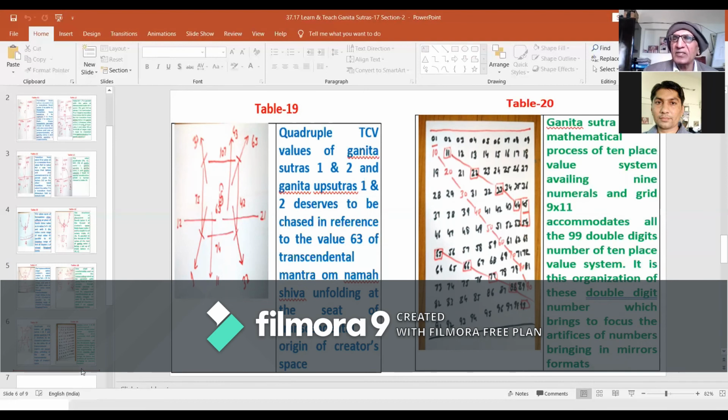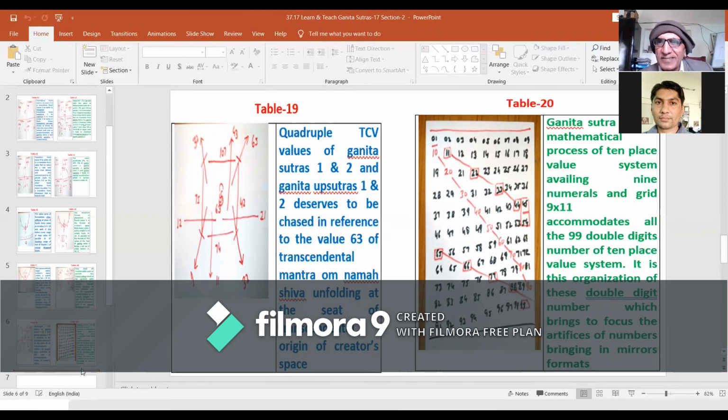And in the process, we will reach the way Ganita Sutra 2 goes to the attainment for its mathematical process as a 10 place value system availing 9 numerals.